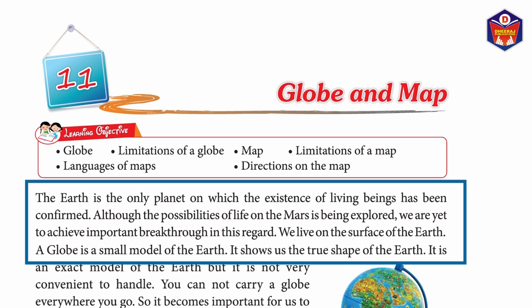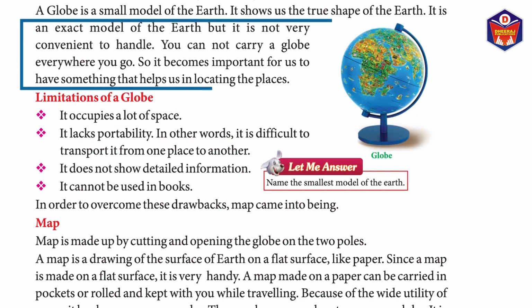It shows us the true shape of the Earth. It is an exact model of the Earth, but it is not very convenient to handle. You cannot carry a globe everywhere you go. So, it becomes important for us to have something that helps us in locating places.